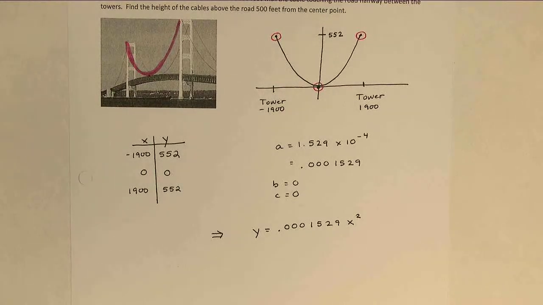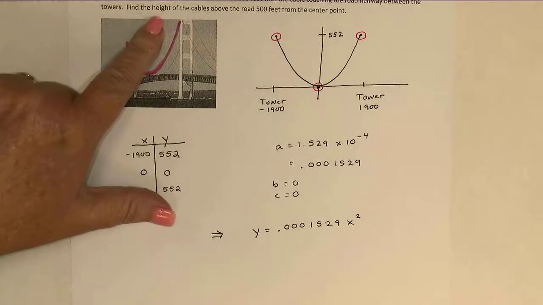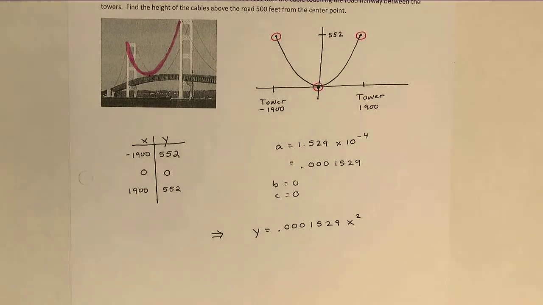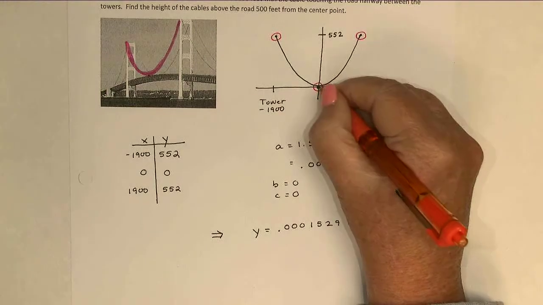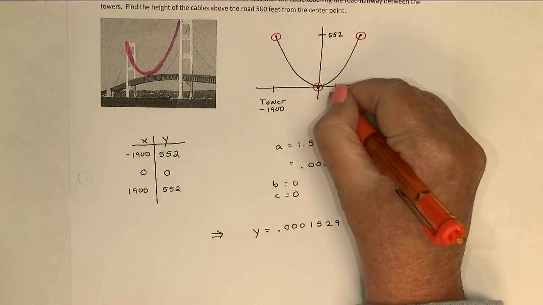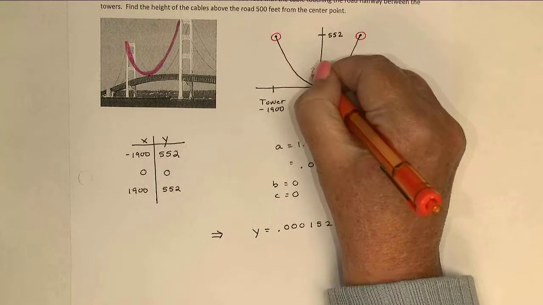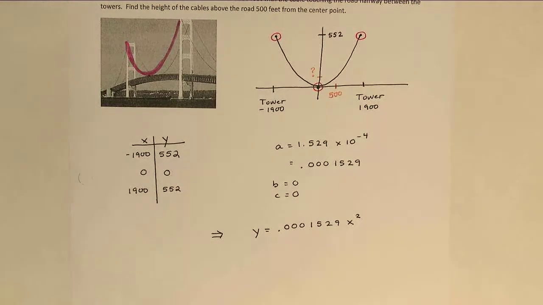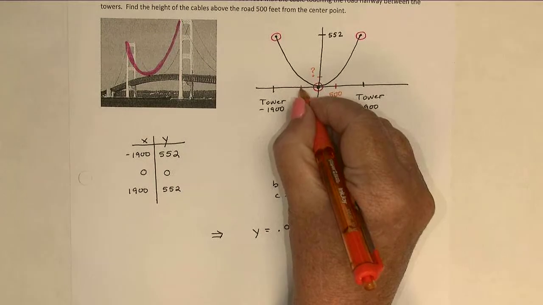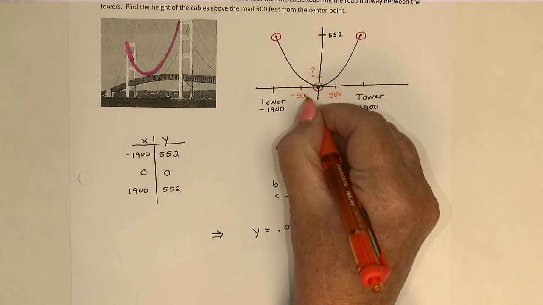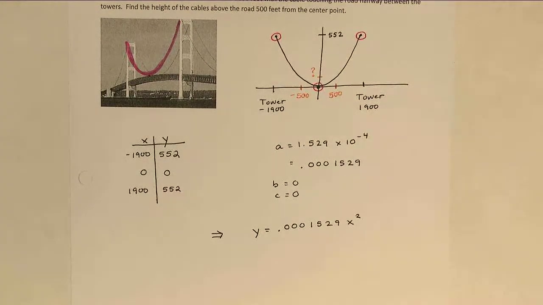All right, to answer the final question, find the height of the cables 500 feet from the center point. What I'm looking for is when I'm 500 feet from the center, say right there, what is that y value? Now, of course, because of the symmetry, it wouldn't matter if I looked at the positive 500 or the negative 500. It would give me the same thing.